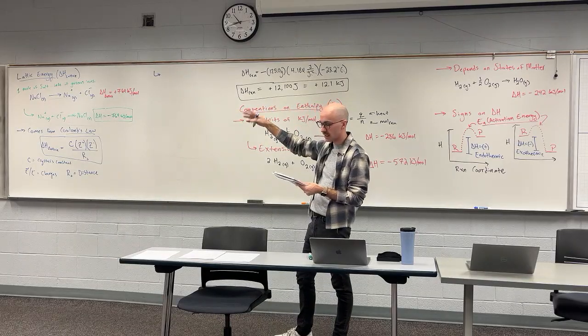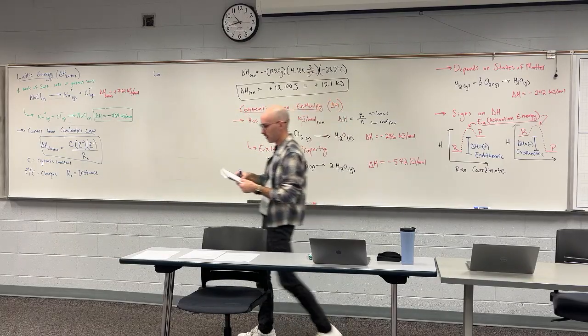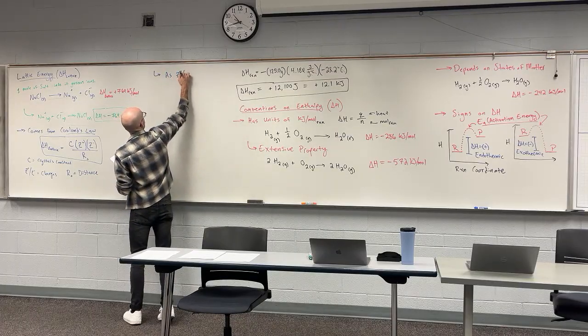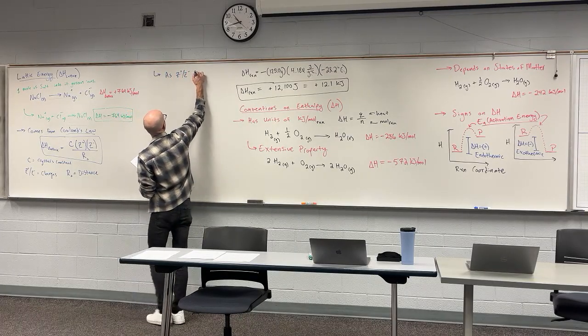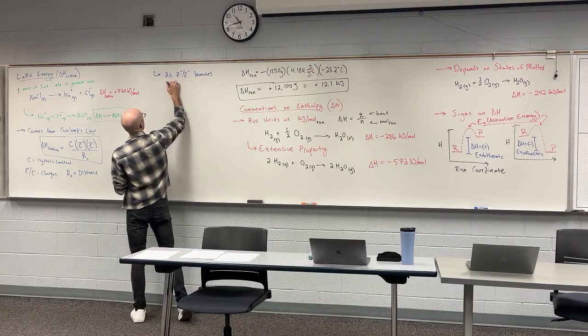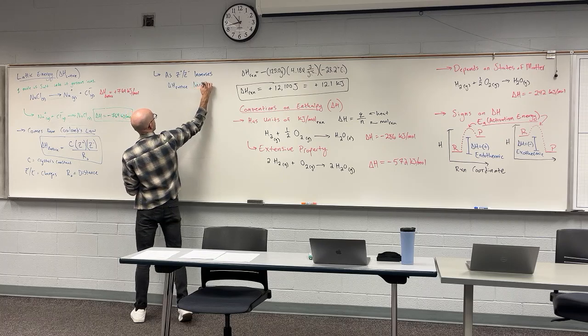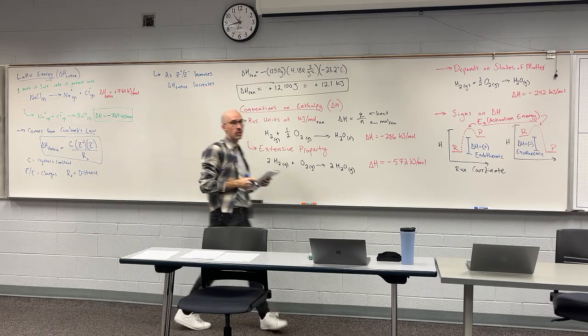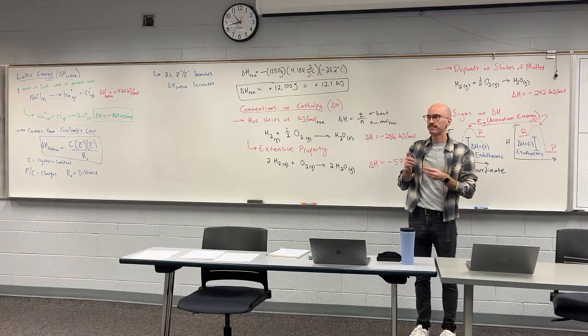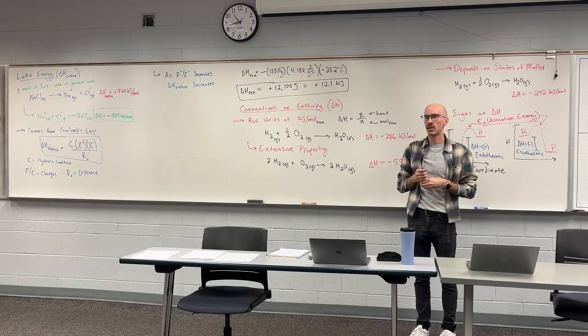That constant C is never going to change. But as the charge of the anions increases, the delta H lattice also increases. Those are proportional to each other. What does that mean?